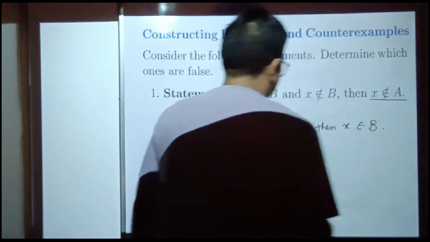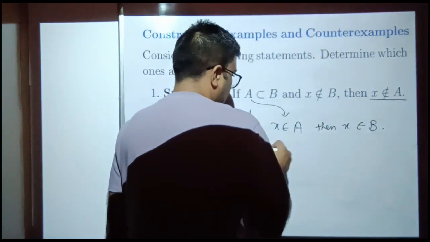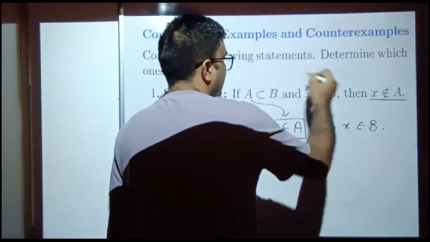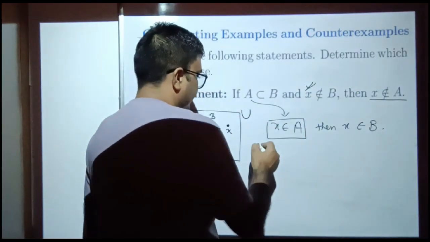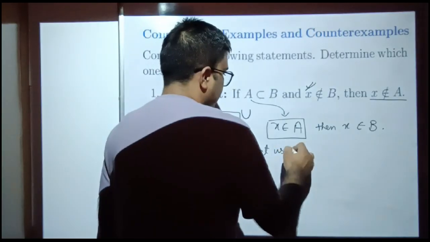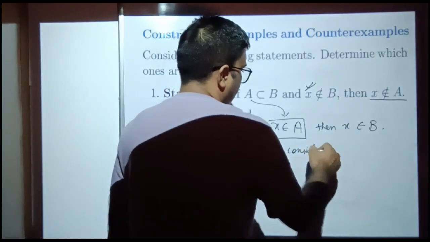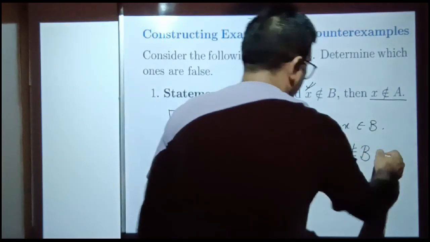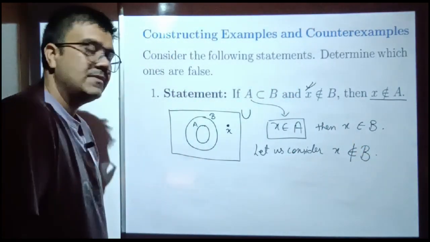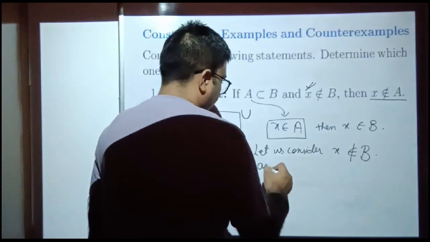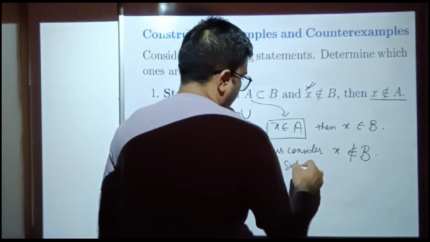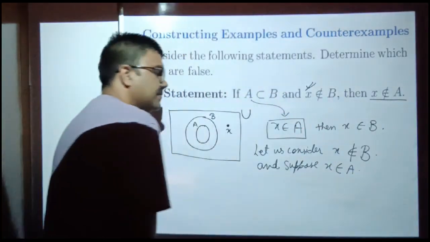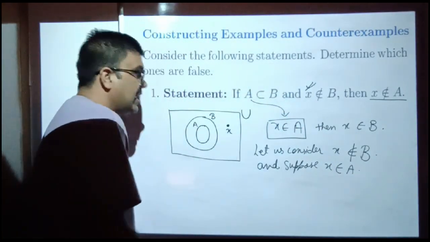If we are talking about this element X which does not belong to A, we are saying let us consider an X which does not belong to B, and suppose we are saying X belongs to A. Then what will happen?